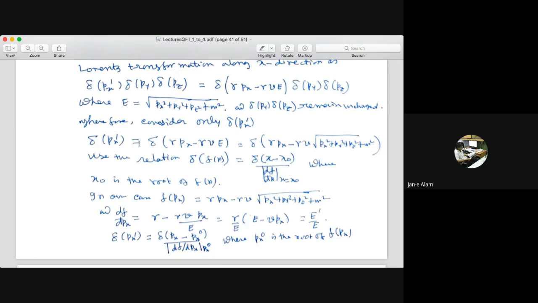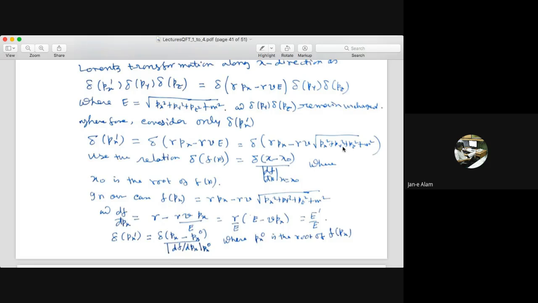And then the delta of p_x' you can write in this particular fashion, because you have γp_x, but the energy also contains p_x, because energy is √(p_x² + p_y² + p_z² + m²).